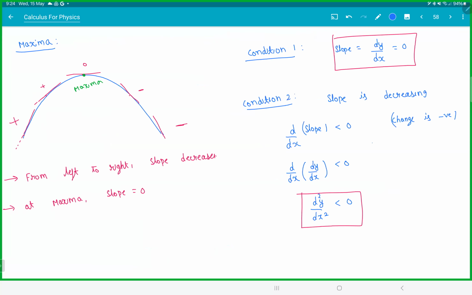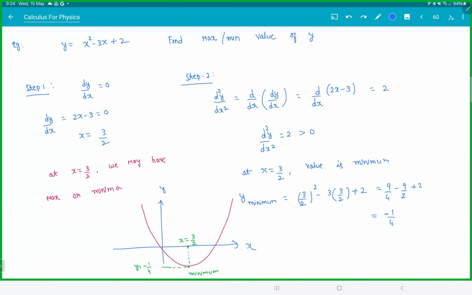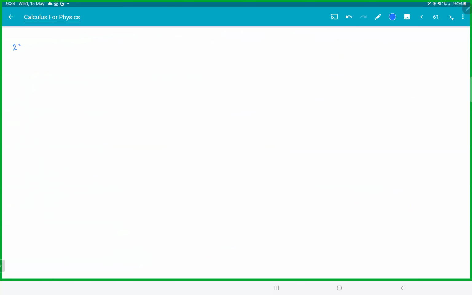Now you guys give it a try. Y is equal to minus x square plus 5x minus 6. Find maxima or minima of y.